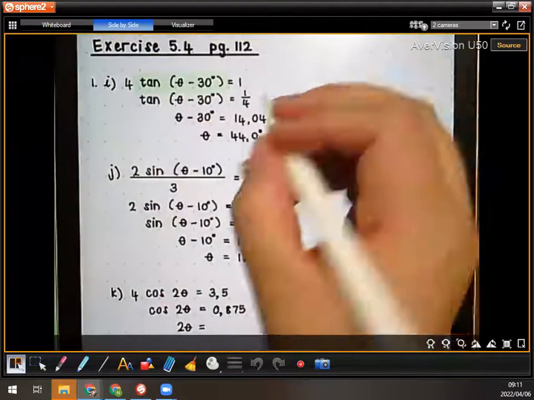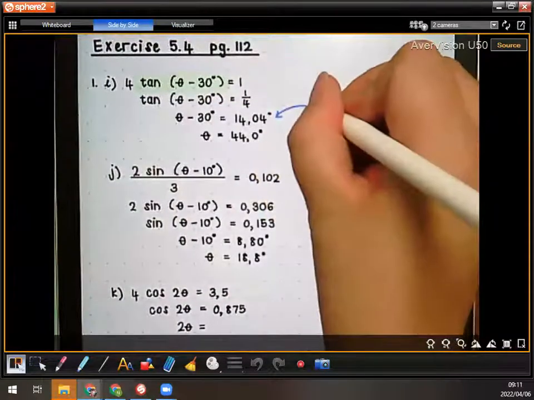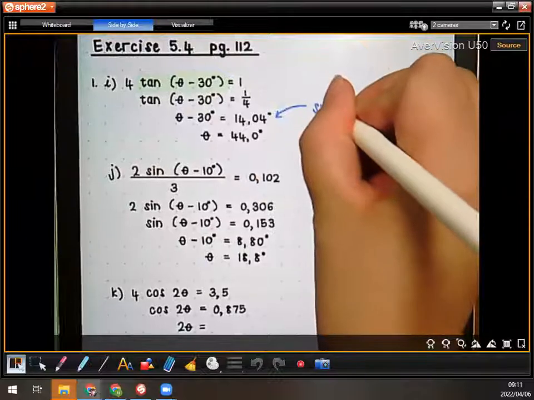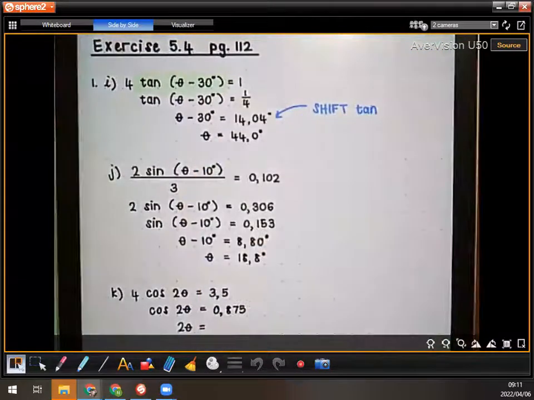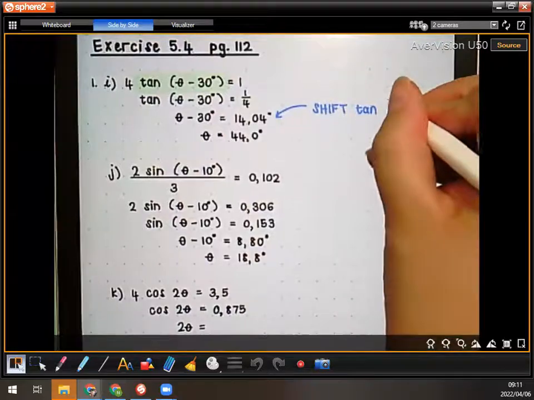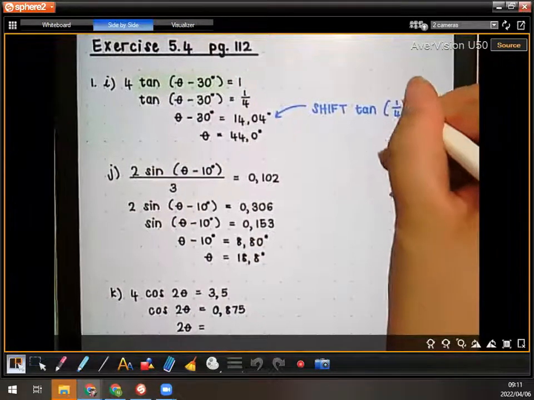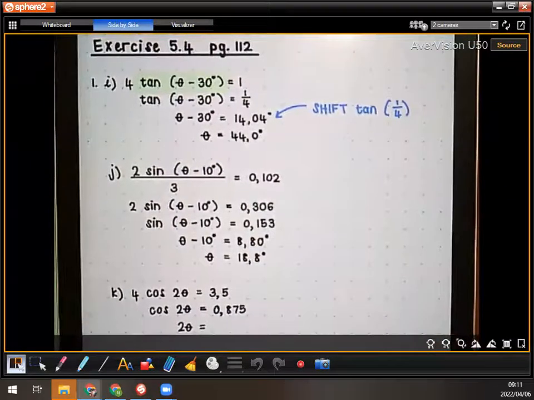So here, what I did to get this answer, I did shift tan, and then that value. A bracket will also come up automatically when you type that in, so you don't actually have to close the bracket on the calculator, but you can.